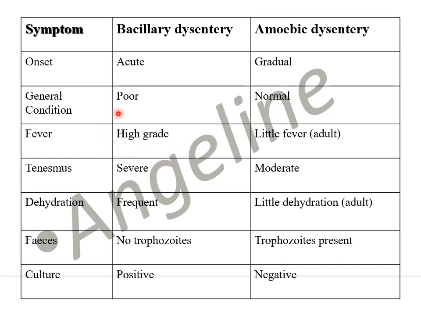Fever will be high grade, another clinical clue. Then tenesmus, that is the feeling of inadequate evacuation, will be very severe in bacillary dysentery. Dehydration is very common because it's a serious issue. In the feces, you will not find trophozoites. Here in amoebic you will find trophozoites, and stool culture will be positive for Shigella and Salmonella in bacillary, while it will be negative for Shigella and Salmonella in amoebic.